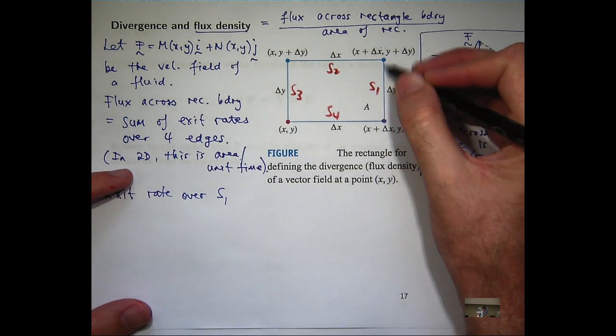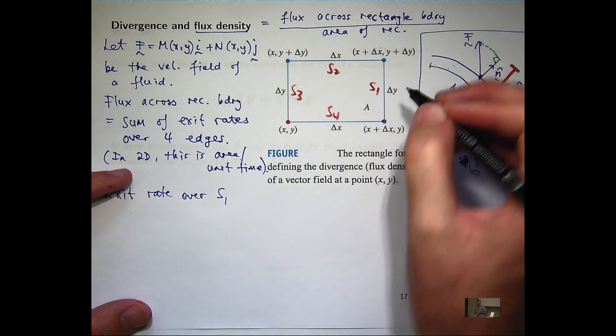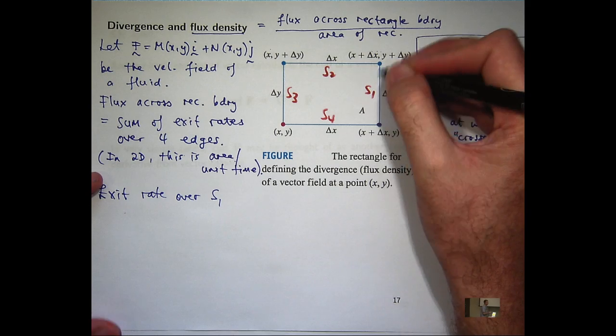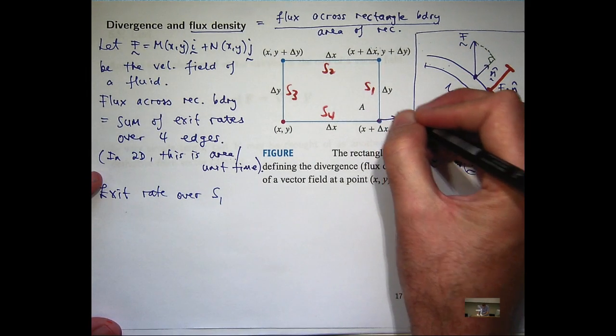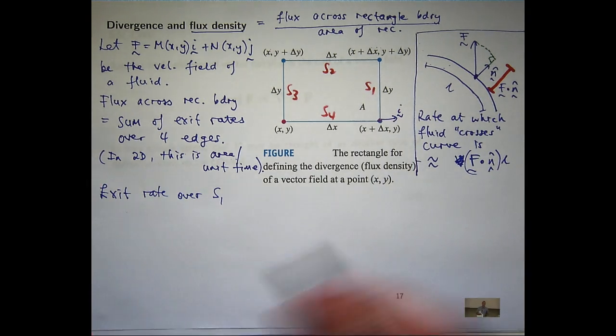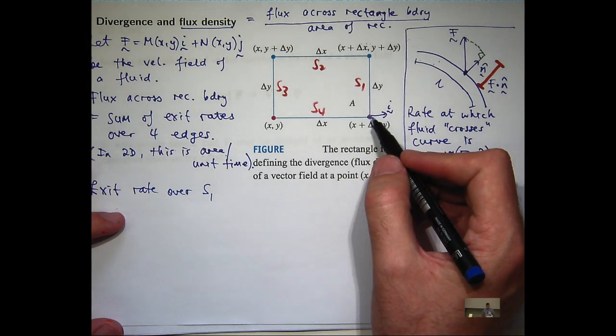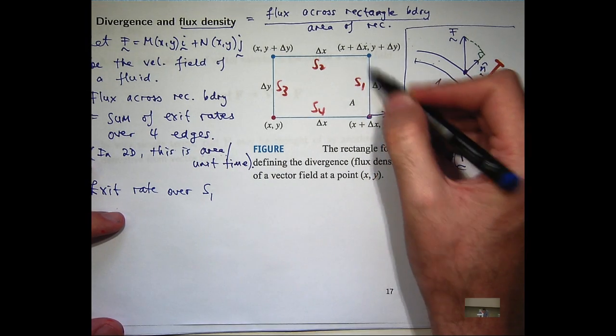The length of this curve is delta y, and what is a unit normal vector to this particular vertical edge? Well, that's easy. It's just the i vector. So this is my sample point, this is my unit vector, and the length is just delta y.